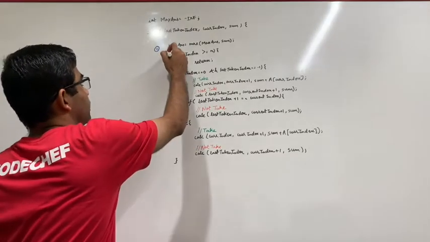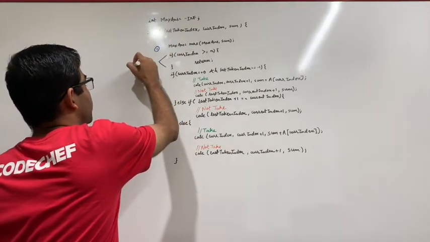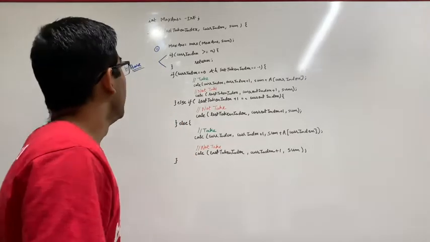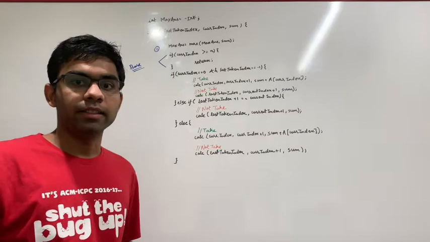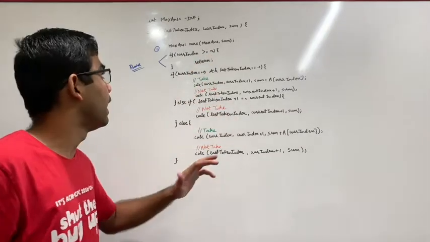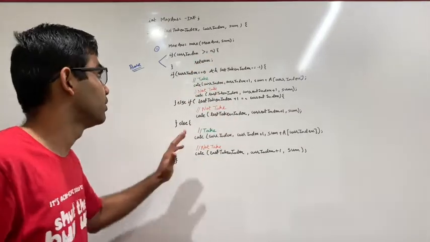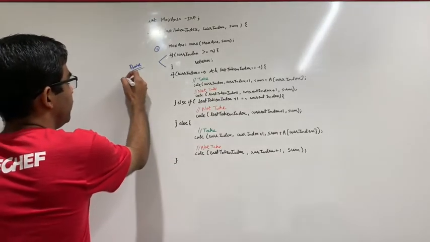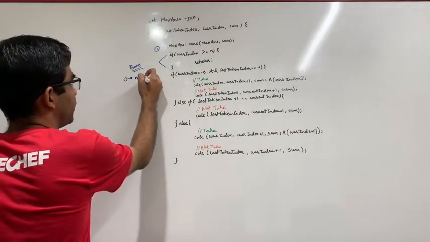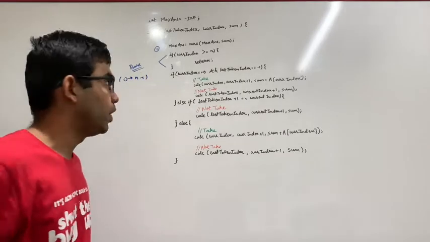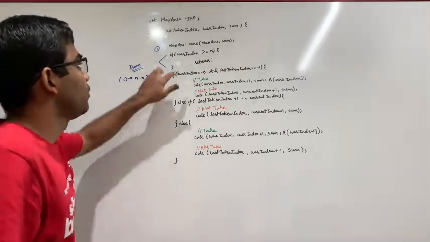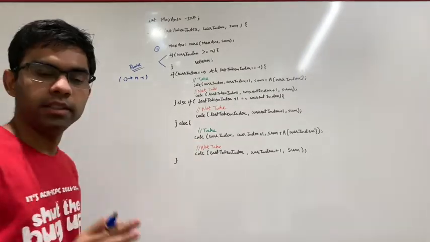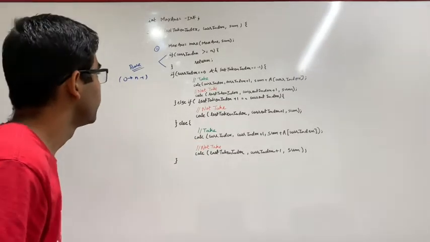That is, this is the base for my recursive function, and which says if my current index is greater than or equal to n, I will simply return from this function, because my indices will run from 0 to n-1. And if I found current index equal to n or greater than equal to n, then I'll just simply return from my function.